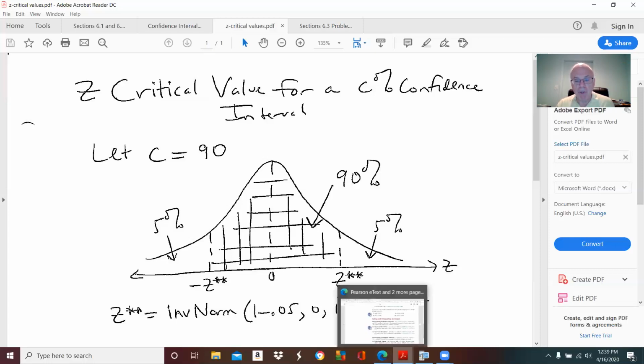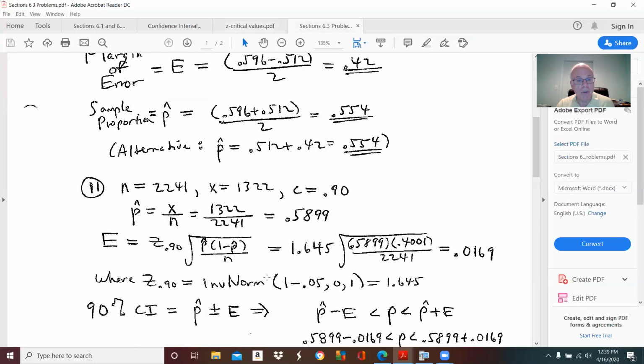Let's go back to our solution here. What's inside the square root? It's the estimate in the numerator, p hat, 0.5899. Then next to it is 1 minus p hat, which is 0.4101. And it's divided by the sample size, n, which is 2,241, the number of people surveyed.